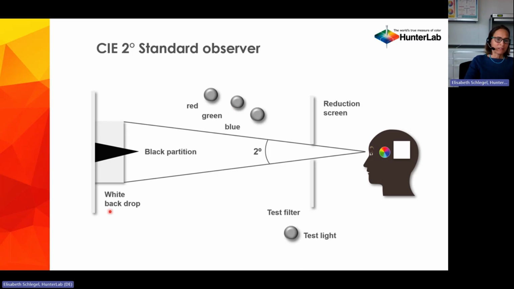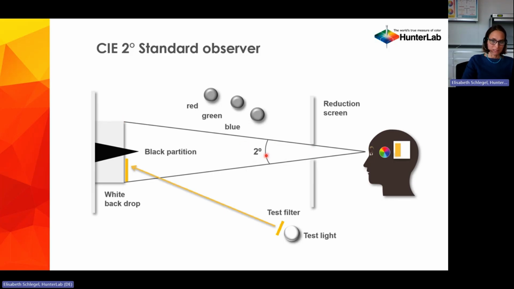We have a screen, an upper part and a lower part, parted by a black partition. First we have a test light of a certain wavelength, which falls onto the lower part of the screen. Then the person sat behind a reduction screen so that the angle at which they looked at the screen was exactly 2 degrees.